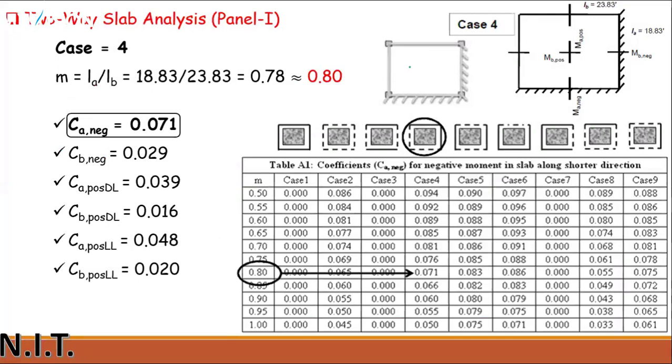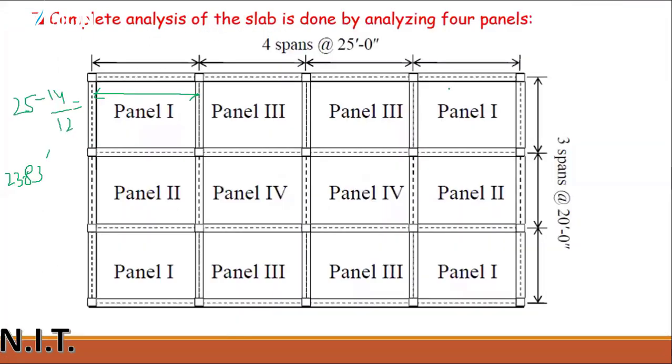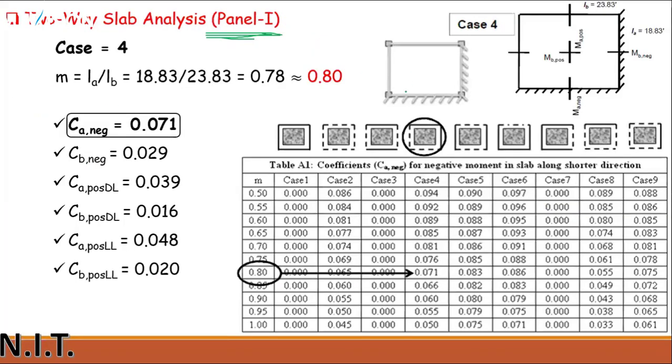First of all, this is panel 1. We are solving for panel 1. Clear? The shape of panel 1 is this one. This is the continuous part. As you can see, these lines show that this is the continuous part, and the remaining 2 parts are discontinuous. So this side is continuous and this side is continuous.